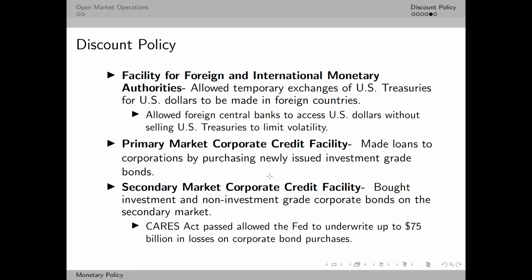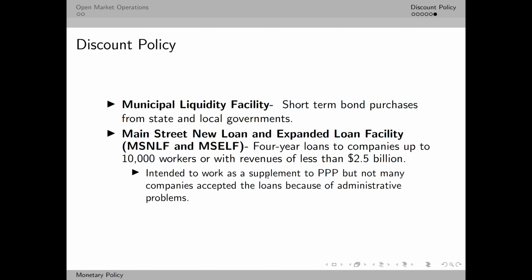The CARES Act really was important with this facility because it allowed the Fed to underwrite up to $75 billion in losses on these corporate bond purchases. And so the Fed was able to be a little bit more liberal with who it was investing in. That is what allowed them to get into these non-investment grade junk bonds to try and prop up the bond market and get bad bonds off the books of investment banks.